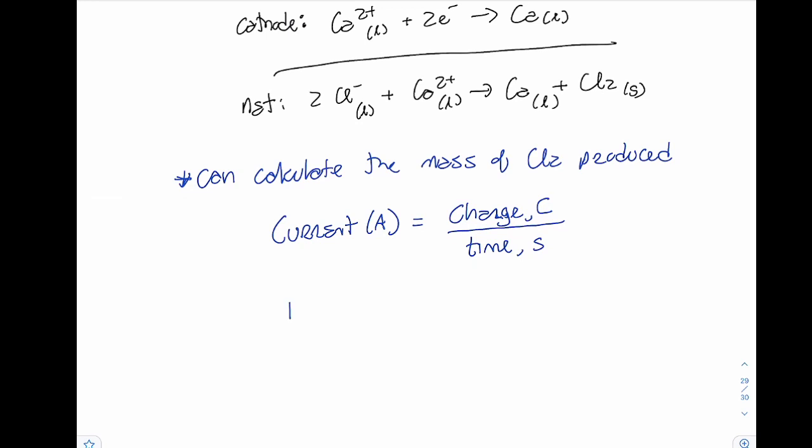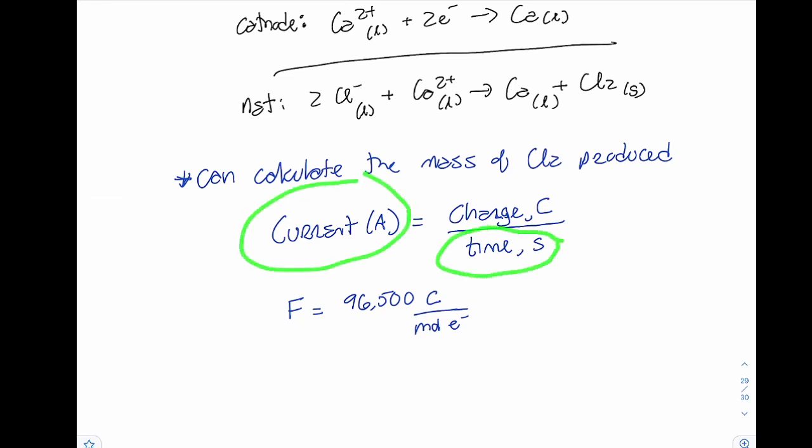We also are going to use the Faraday constant, F, and we're going to use that essentially as a conversion factor. So I know that it's 96,500 coulombs for every mole of electrons. So if we know our current, and we know the time, right, we can calculate the number of coulombs.